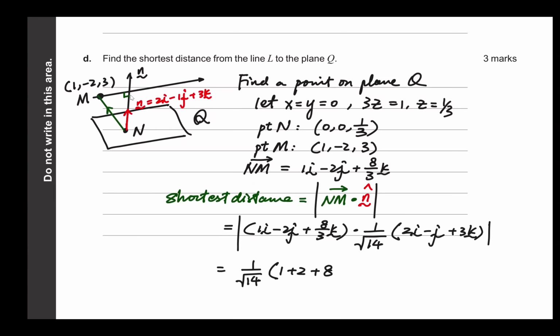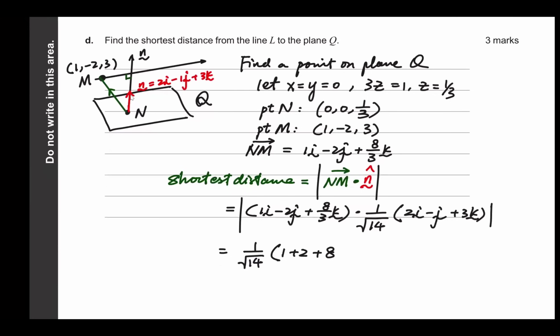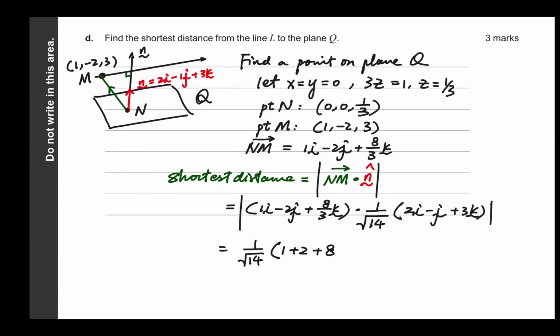Did I do this properly? Let's have a look. That should be. It's 1 times 2. That's 2 here rather than 1. Okay, so you should be able to get a 12 divided by root 14.